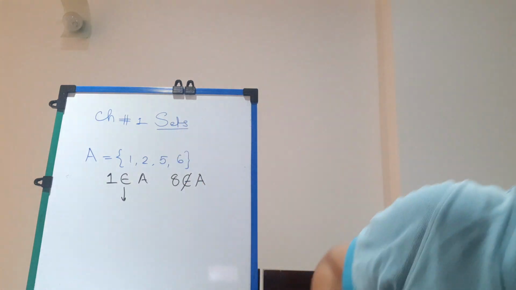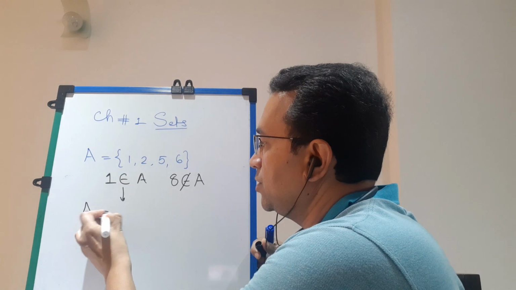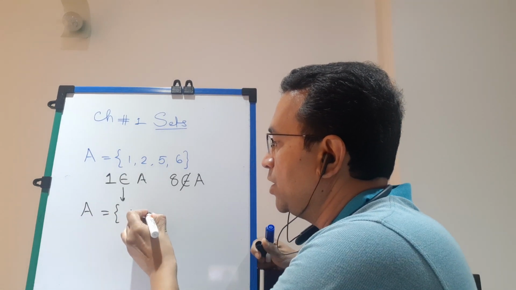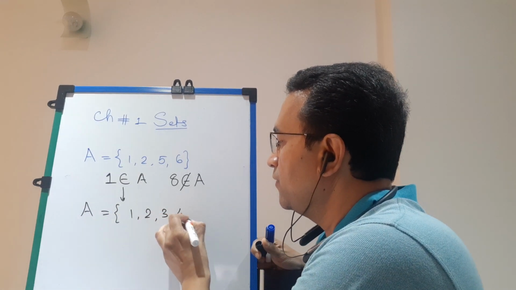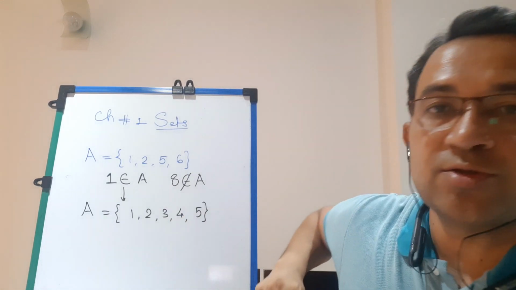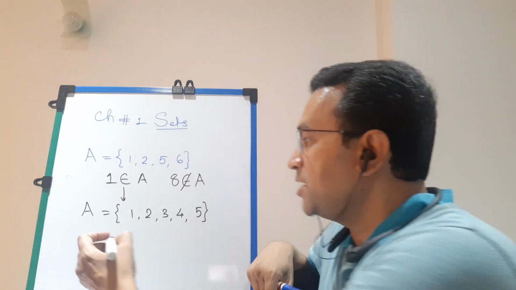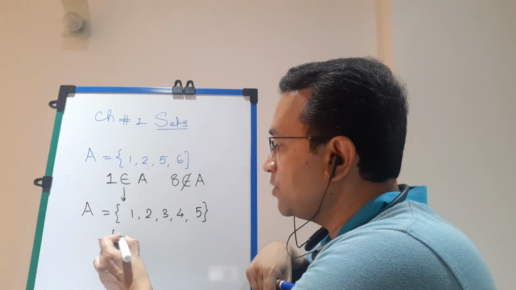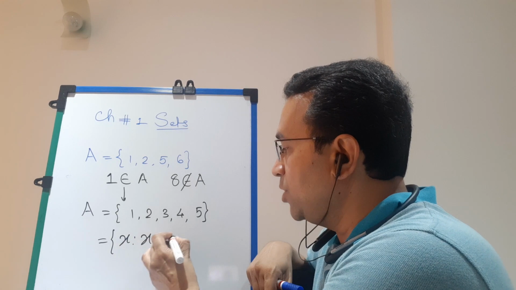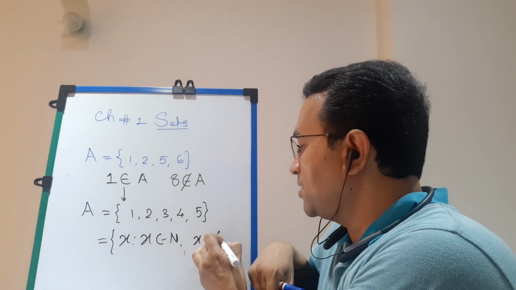Suppose I write A is equal to {1, 2, 3, 4, 5}. I have listed all the elements, so this is represented in which form, students? Listing method. But instead, I could write A consists of elements x such that x belongs to N and x is less than 6.